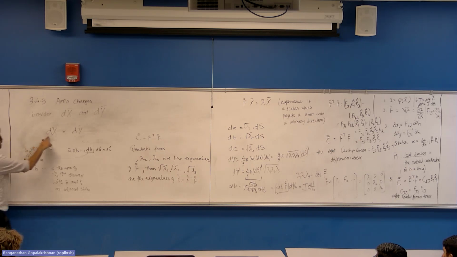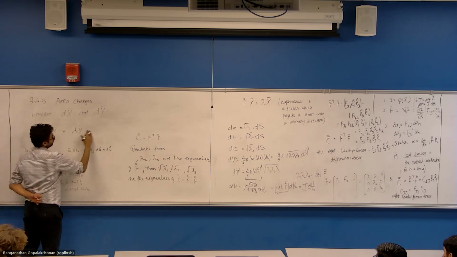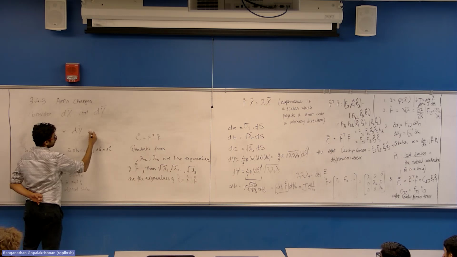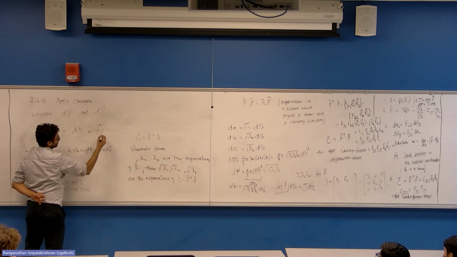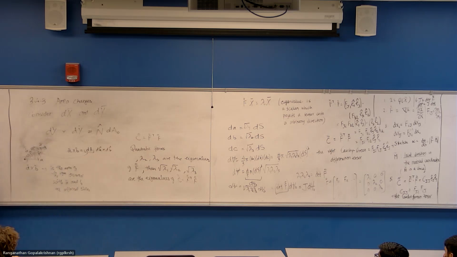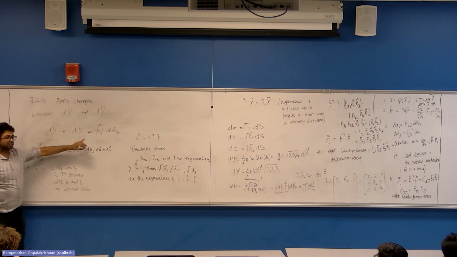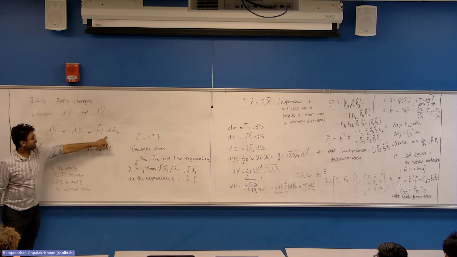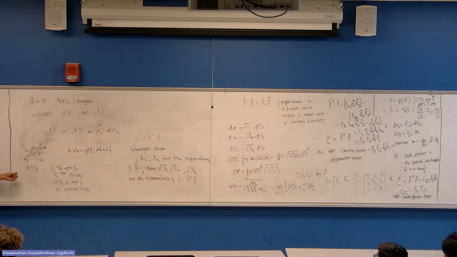When we write dX cross dY, this is equal to a normal vector multiplied by dA naught. I could have just said dX cross dY is represented by a vector multiplied by the magnitude of the area. I just wanted to connect with something we all know from undergrad or high school.